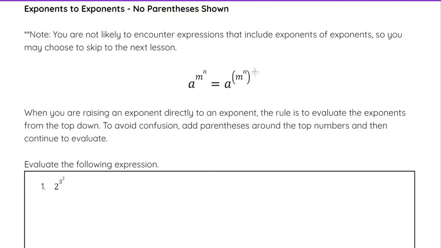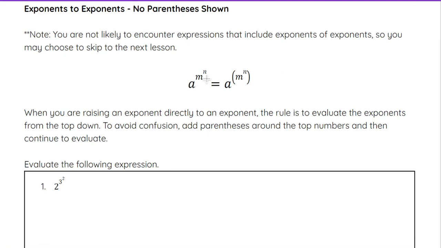So looking at our second example, 2 to the 3rd power to the 2nd power. When we have no parentheses on this example, this was the second example we looked at in that intro example. So I do want to note that before we go into this, you are not likely to encounter expressions that include exponents of exponents. So you may choose to skip to the next lesson at this point, and that's up to you.